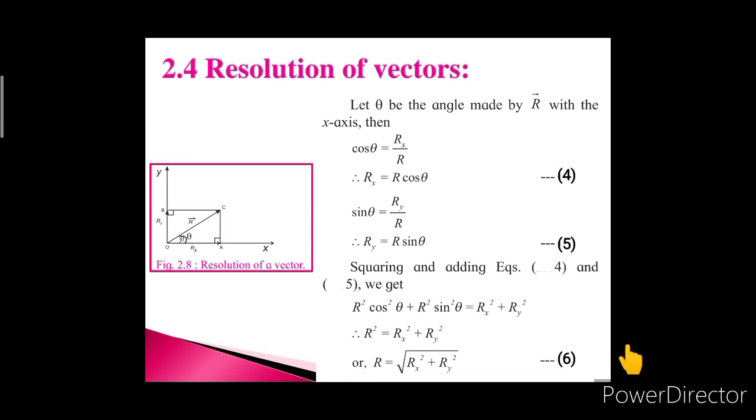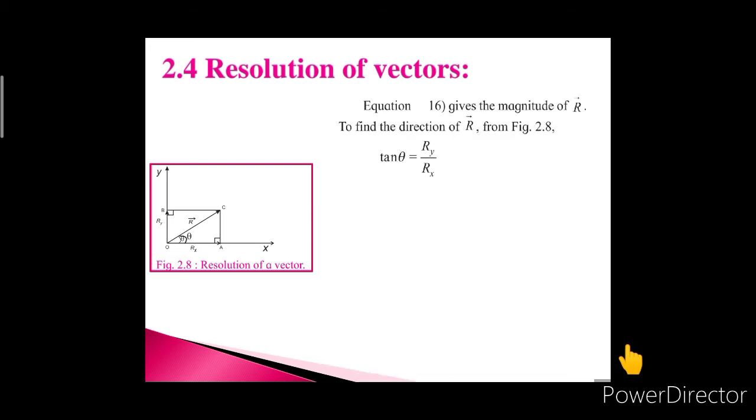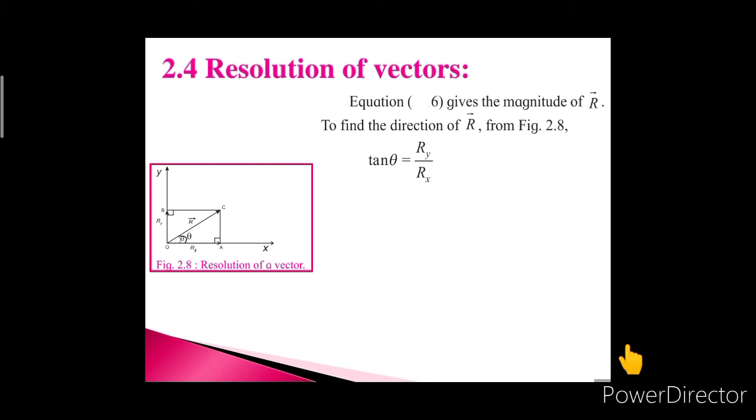Now, let us find the direction of the vector r when we are considering the same figure. To determine the direction of the vector r there, actually we have to find out the value of this theta. And again we have to consider the right angle triangle OCA and take the value of tan theta there, which is opposite upon adjacent.